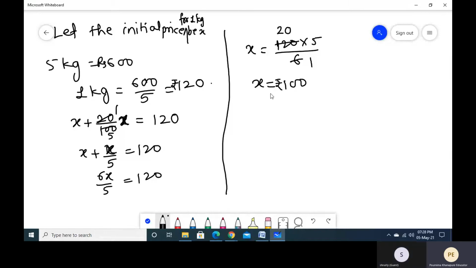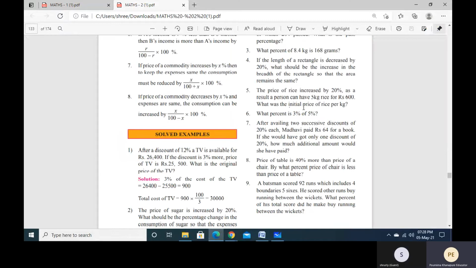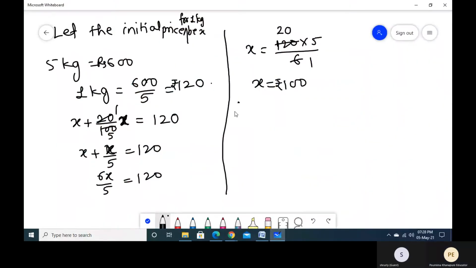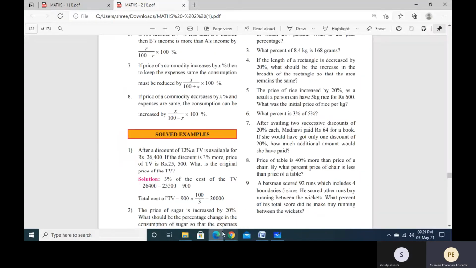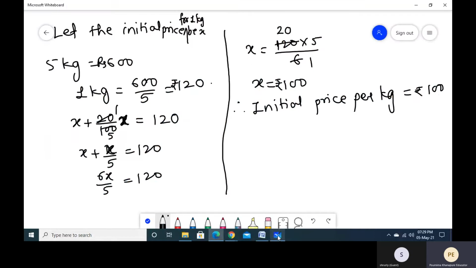They asked for the initial price of rice per kg, so for 1 kg only we need to find. Therefore the initial price per kg is rupees 100. This is question number 5.